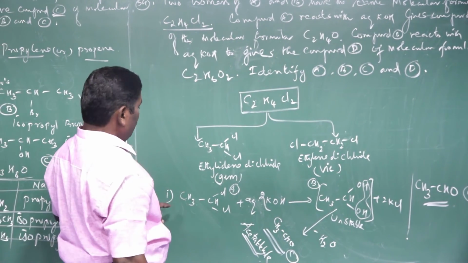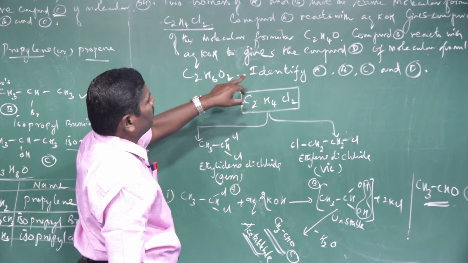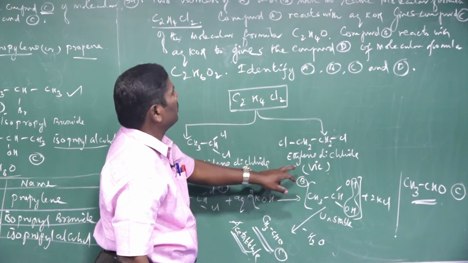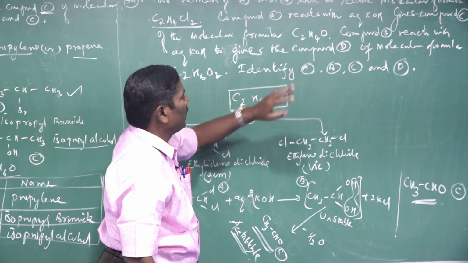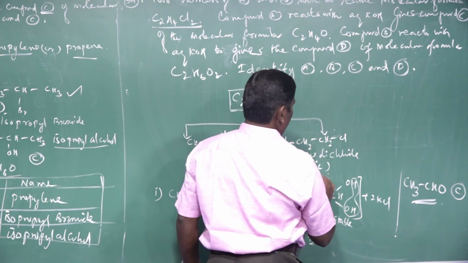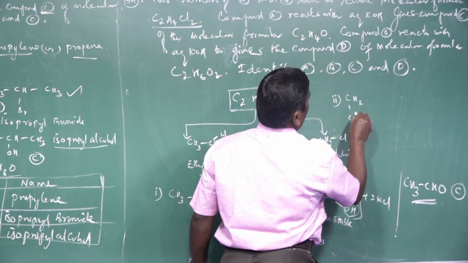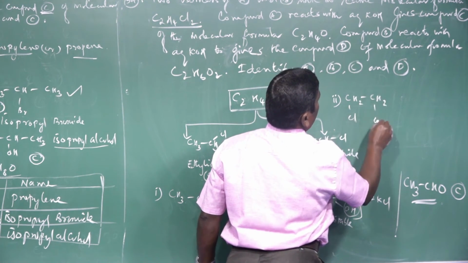Now the second reaction that is given. The same aqueous KOH reacts with compound B, that is reaction 2. You write CH2Cl CH2Cl.